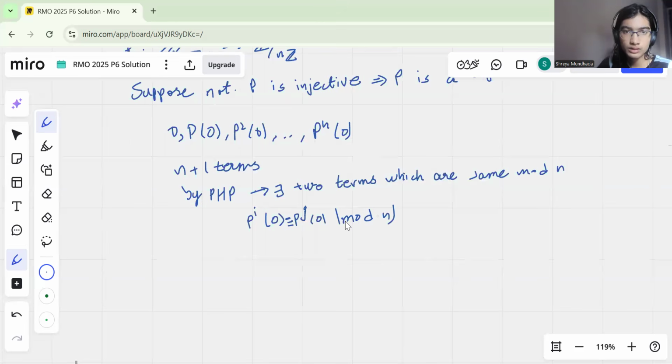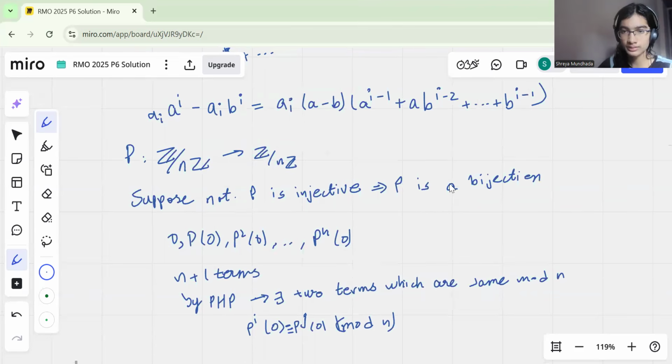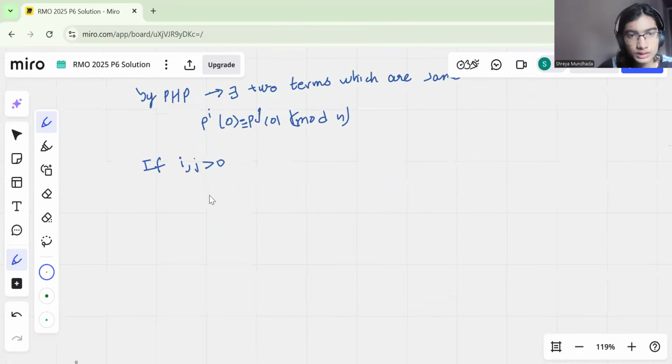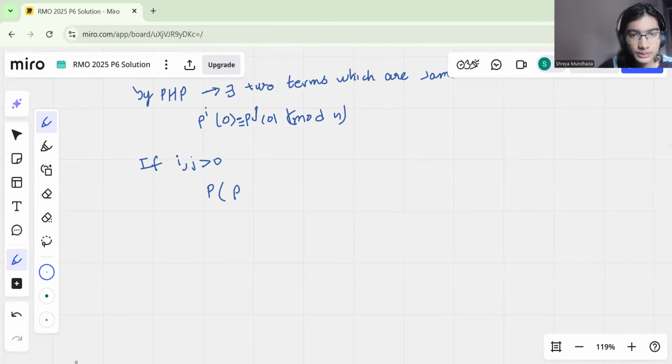And note that here we got that p is injective. So if i and j are both greater than 0, then this is just p of p to the i minus 1 of 0, and this is congruent to p of p to the j minus 1 of 0 mod n.